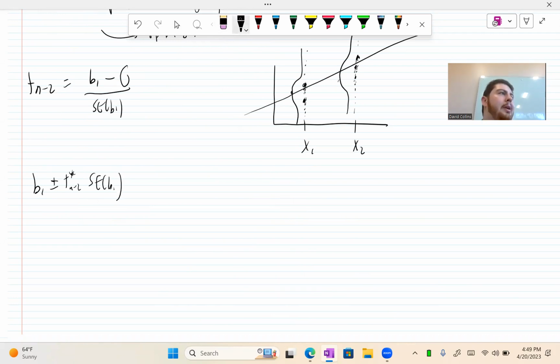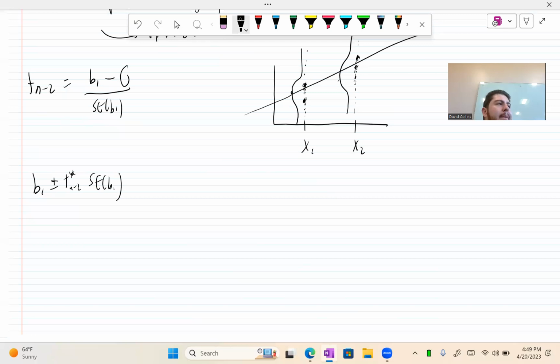This formula should make sense because it's your estimate plus minus your critical value times your standard error. And then that gives you a sense for where your slope is going to be. And that's your regression hypothesis test, your 9th hypothesis test. 9 out of 10. Confidence interval.